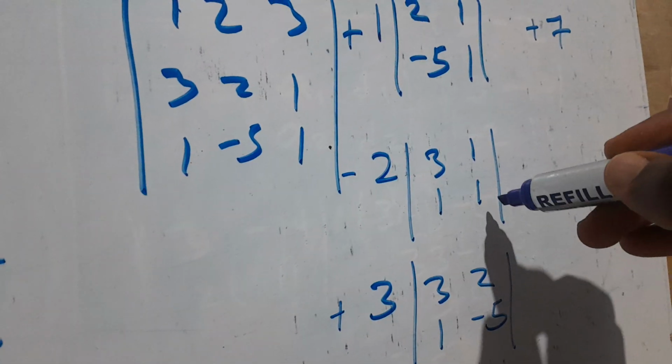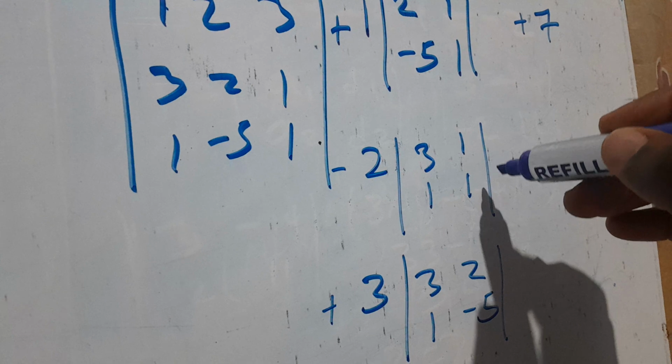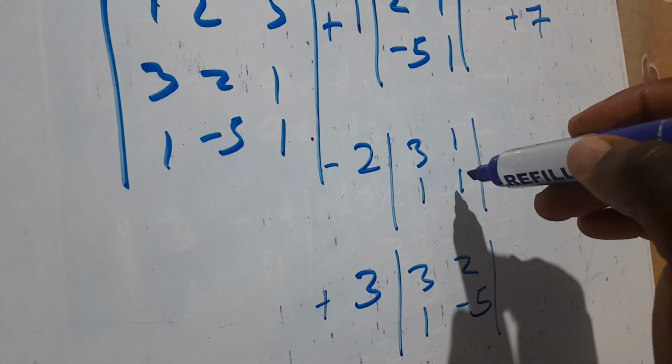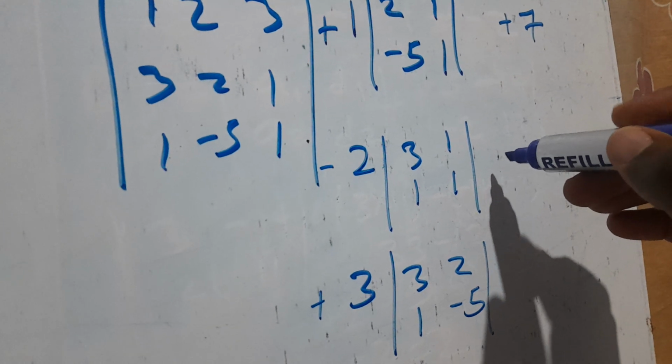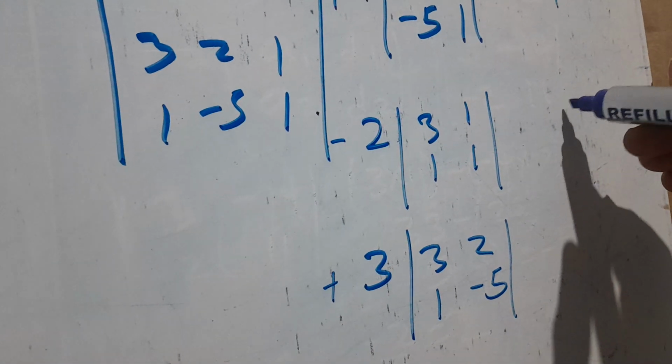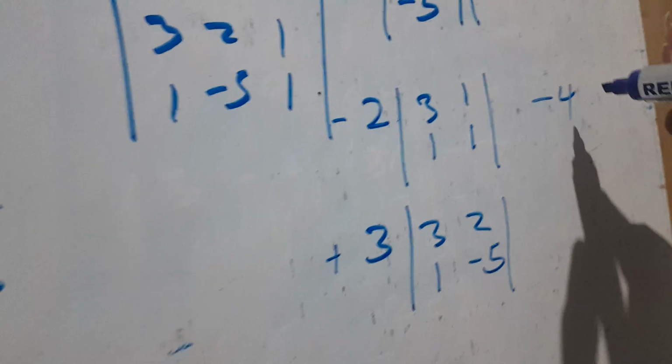Here you have 3 times 1 is 3. 3 minus 1 is 2. 2 times negative 2 is negative 4.